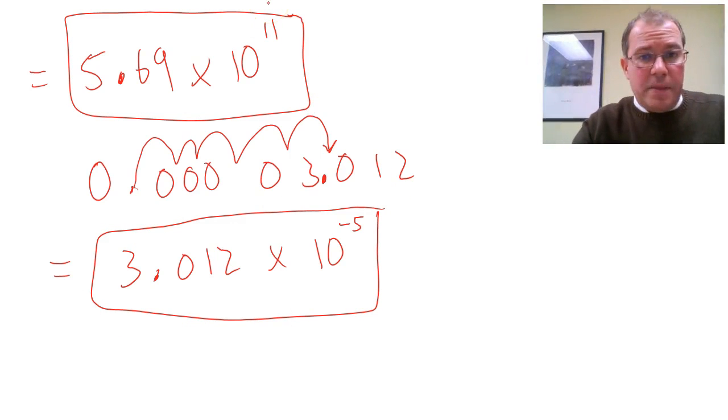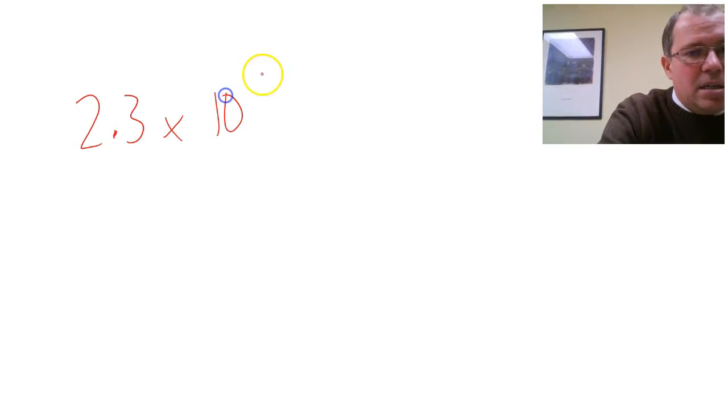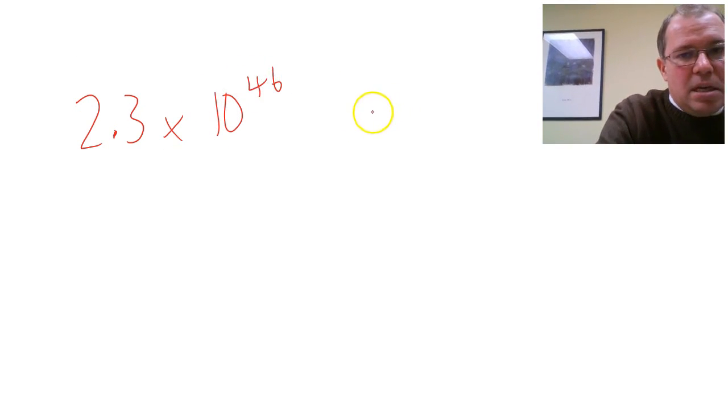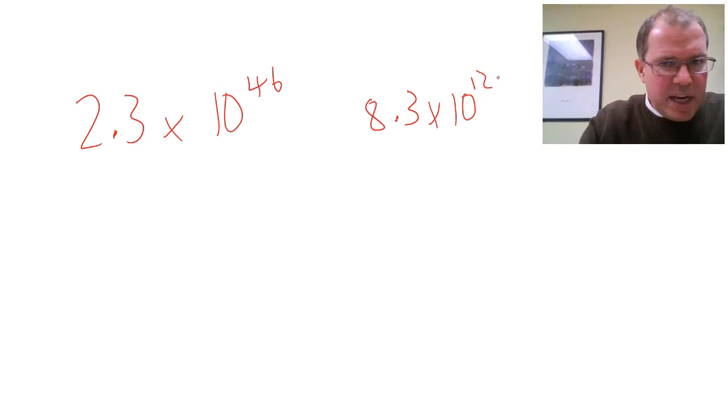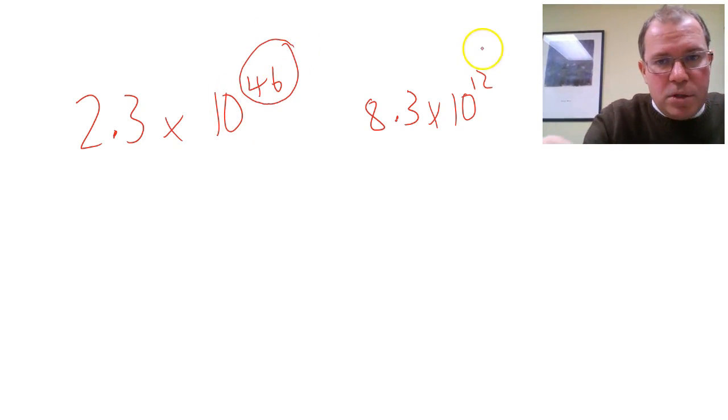Now obviously these aren't that big and that small numbers. You can get really, really big numbers. So imagine we had 2.3 times 10 to the 46 and 8.3 times 10 to the 12. If we're looking at those numbers, which one's bigger? Well, really clearly you're timesing by 10 46 times here, which is way bigger than timesing by 10 12 times.